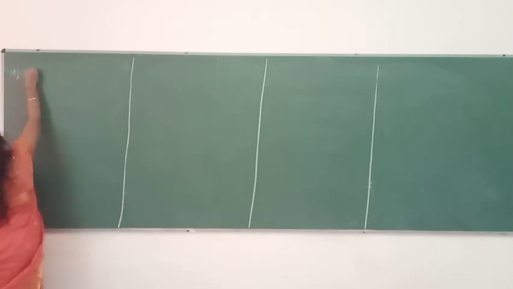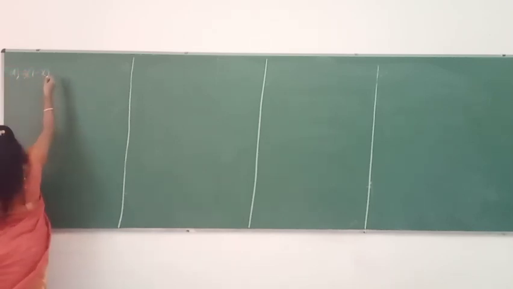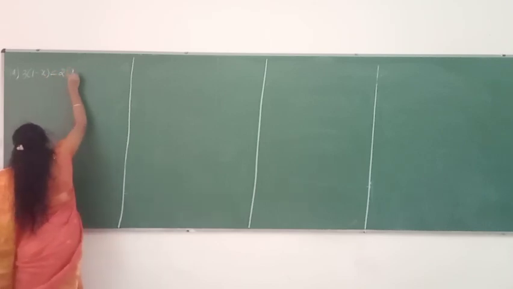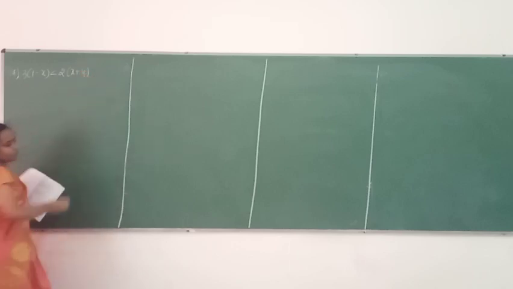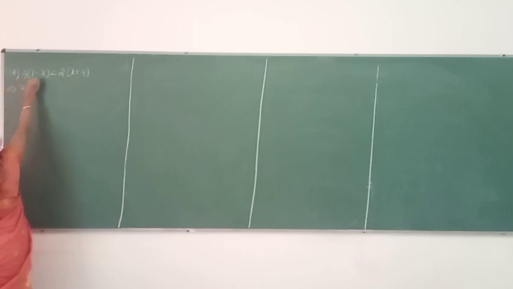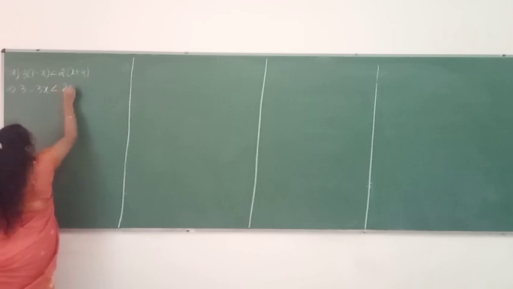That is 3 into 1 minus x is less than 2 into x plus 4. Now multiply 3 inside, so it will be 3 ones are 3 minus 3x is less than 2x plus 2 fours are 8.